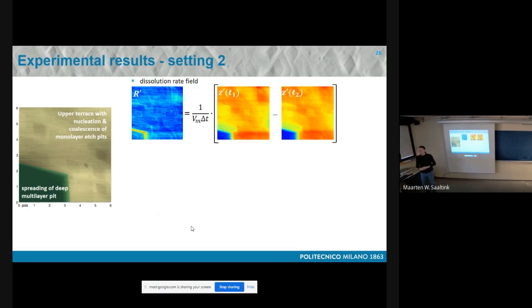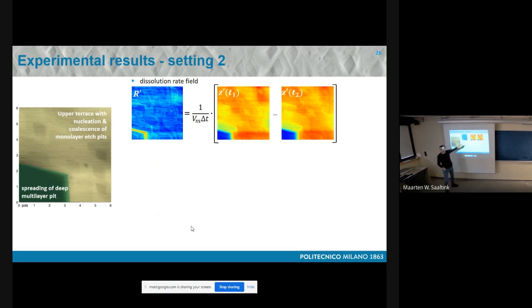So, you come up, like I said, with an image or a map of local reaction rate through subtraction of topography maps, which are taken at two different time intervals, set apart by 6 minutes each. In the map, when we analyze this variable, of course, you can recognize two regions.